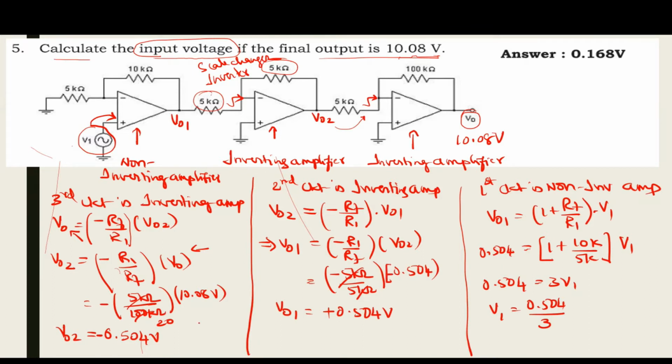Yes, here I had to write this negative sign, I forgot. I will substitute that negative sign. Minus into minus, it becomes plus. Can you give me the answer for V1? 0.168 volt.